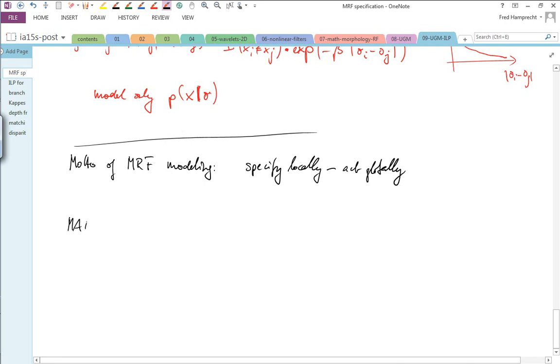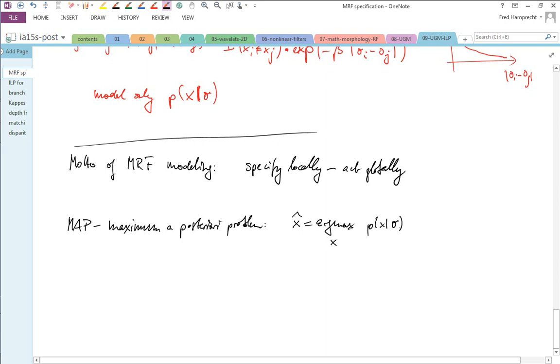So MAP, or maximum a posteriori problem, is to find that configuration that has the greatest likelihood given my observations.